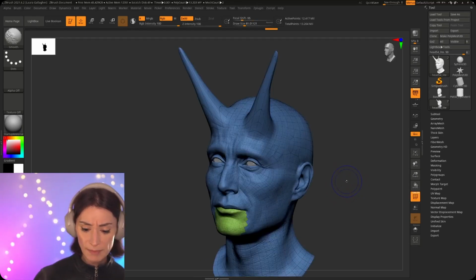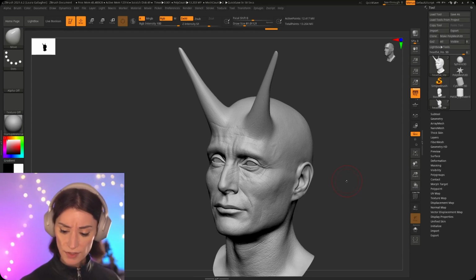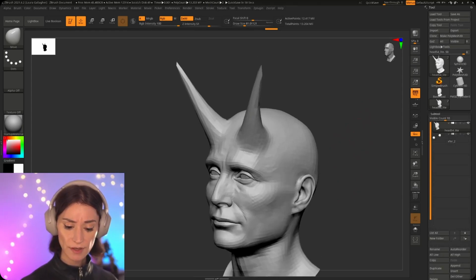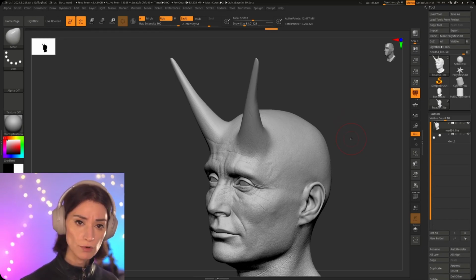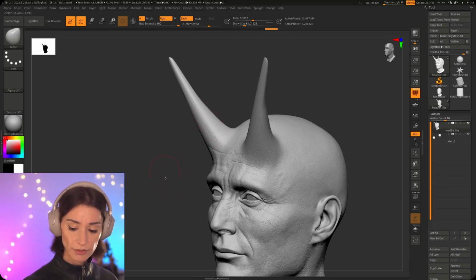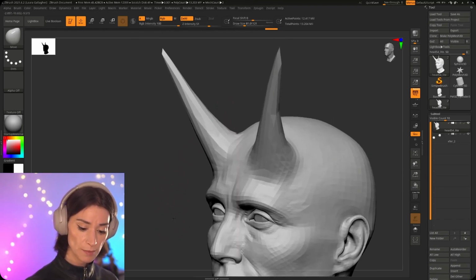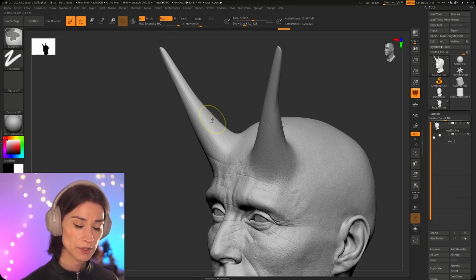But yeah, so just keep that in mind. The other thing that's good to know about working in subdivision, that's very, very important, is that if you use the smooth brush a lot, your smooth brush, when you're in subdivision mode, is dependent upon the resolution of your surface.